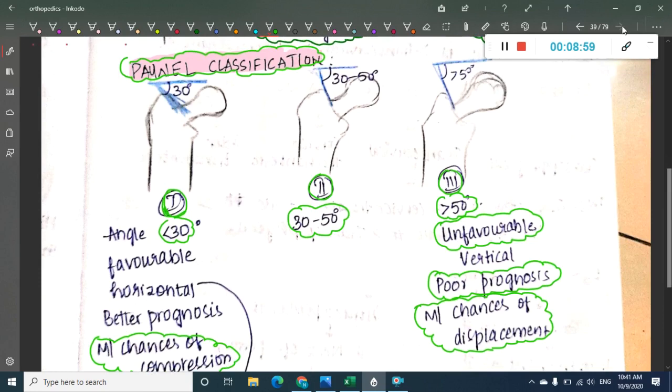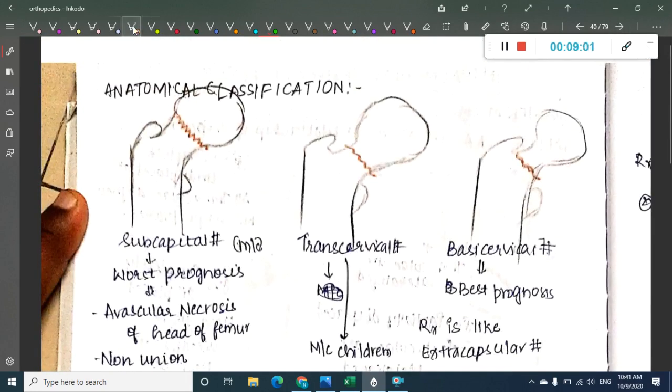Okay, after Pauwels' classification, the next type of classification is the anatomical classification of fracture neck of femur. So here the classification is based on the anatomy, right? We have 3 different types.